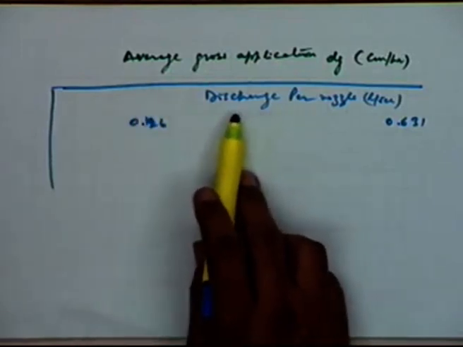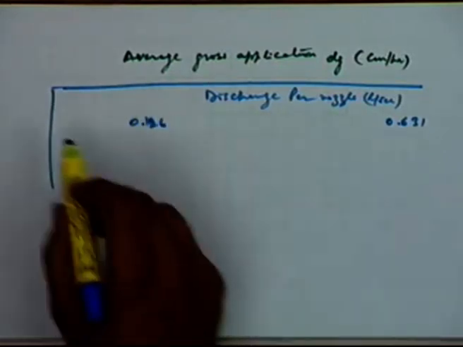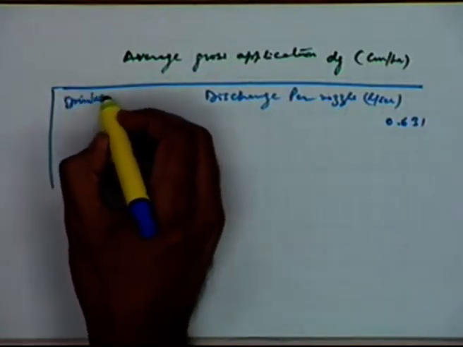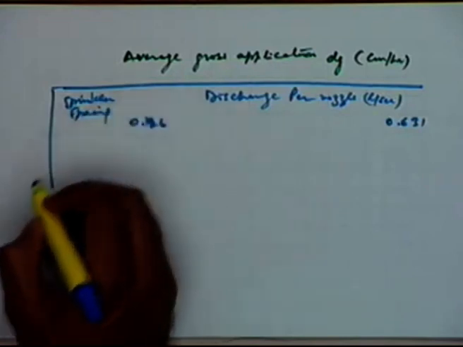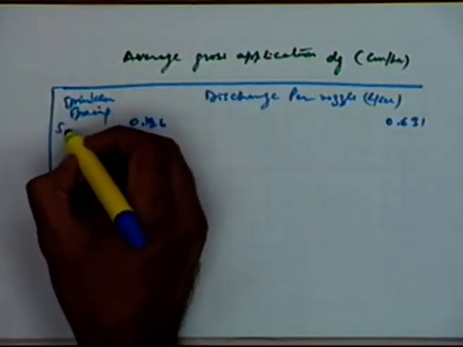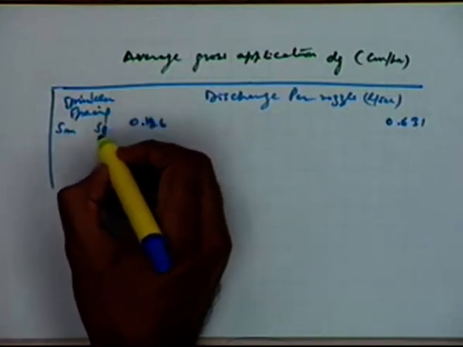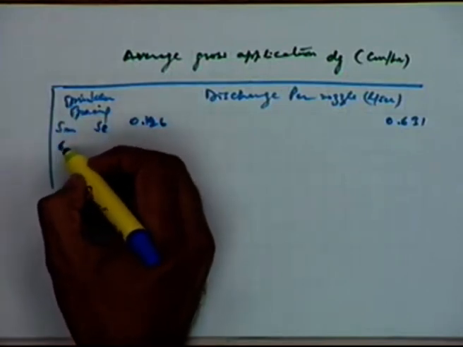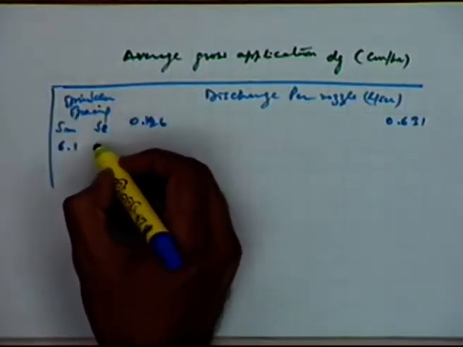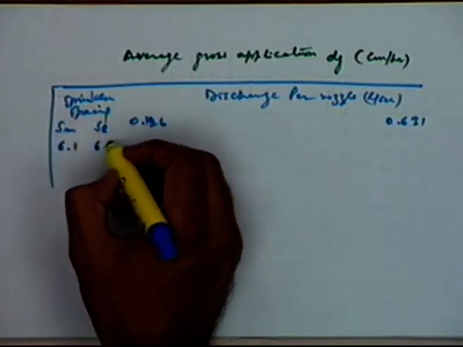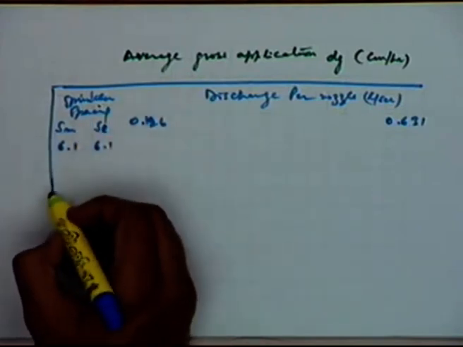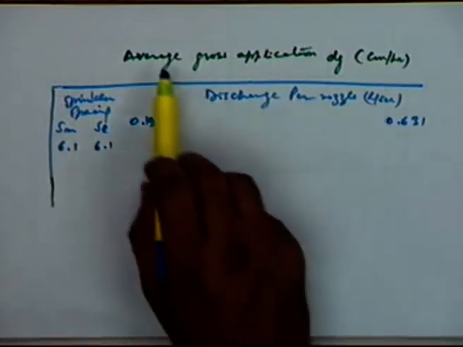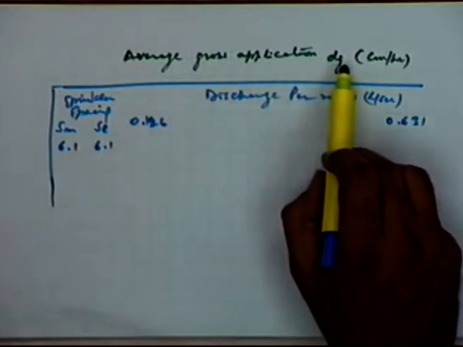Now, depending on this data plus the sprinkler spacing, which is the mainline spacing and the lateral spacing, for different combinations of spacing, for example, this table gives this in meters. For different combinations of spacing and for different discharge per nozzle, it gives information on what average gross application you will obtain.